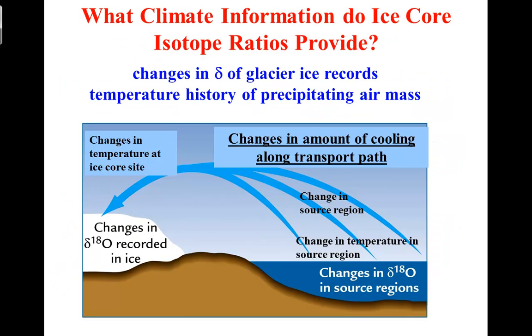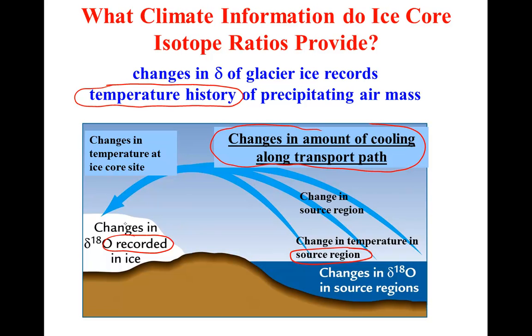So changes in the isotope ratios measured in glacier ice are a reflection of temperature changes. The way to think about it is it's a reflection of how much cooling occurred along the transport path from moisture source to where the precipitation occurs over the glacier or ice sheet.